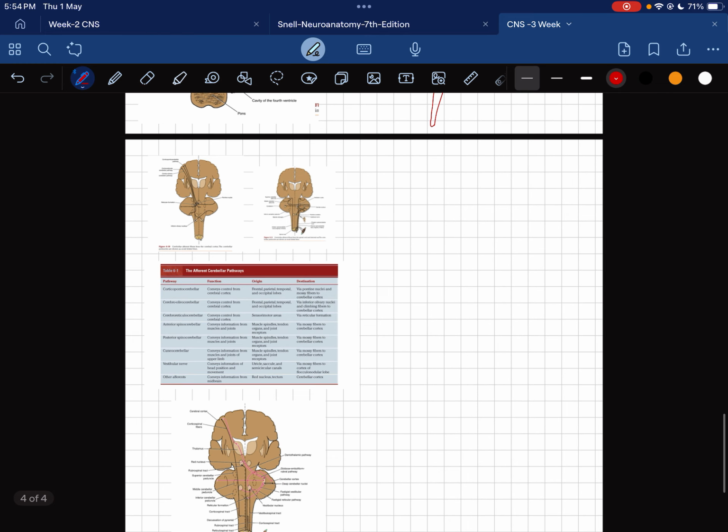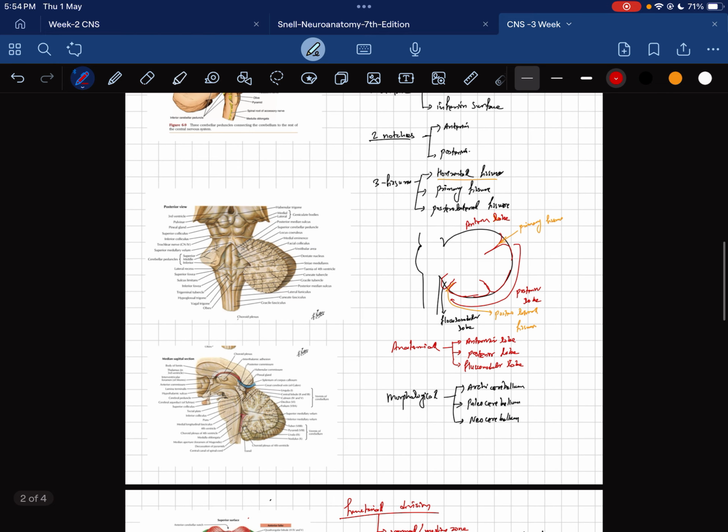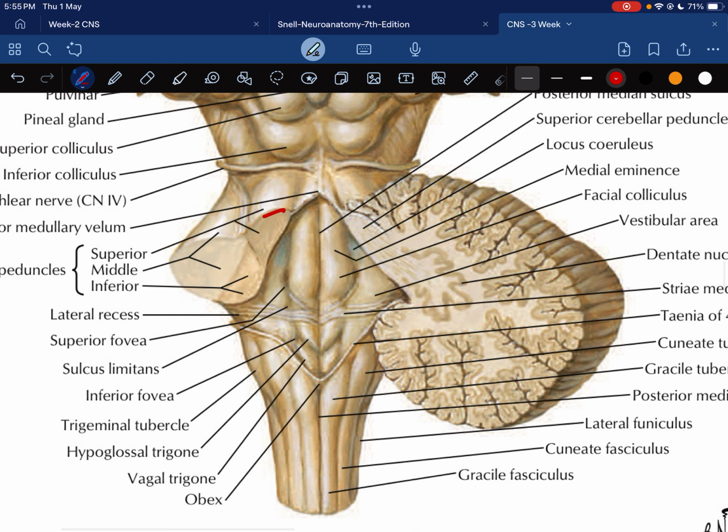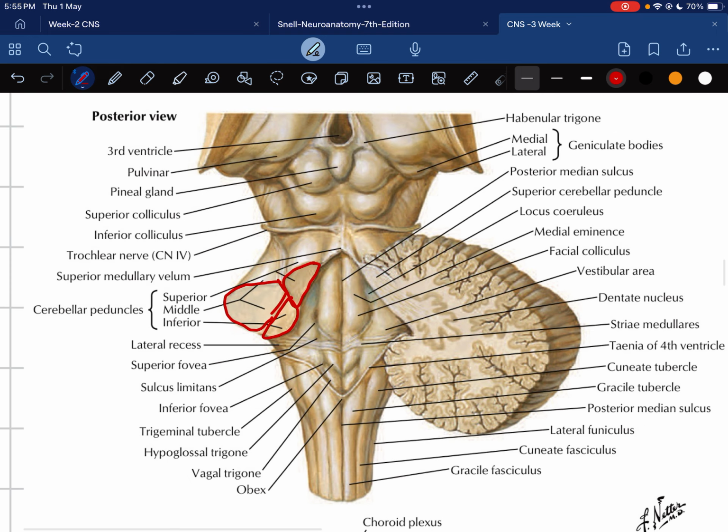We can look at this image also. In this image, this is the superior peduncle, this is the inferior peduncle, and this is the middle peduncle, and they are connecting to the cerebellum.